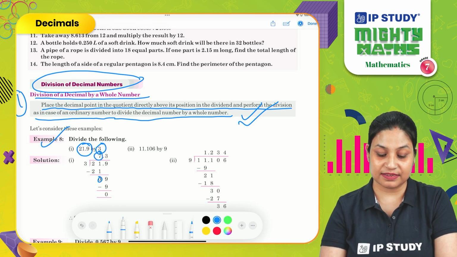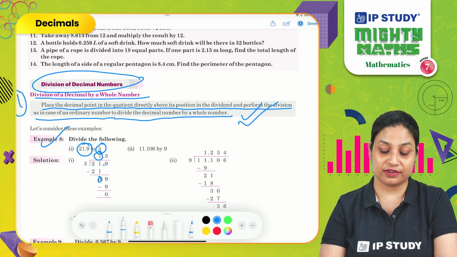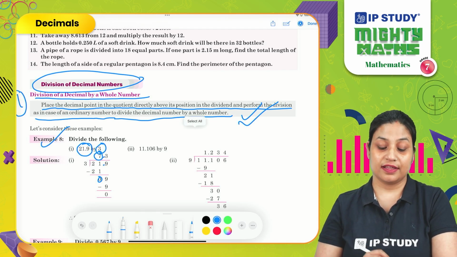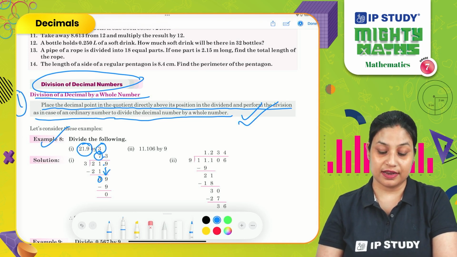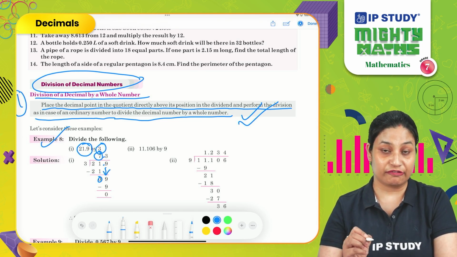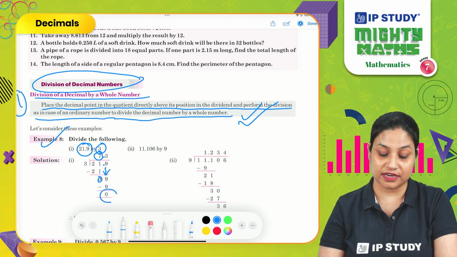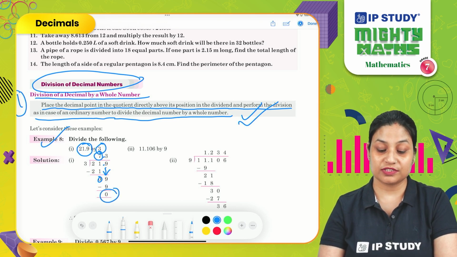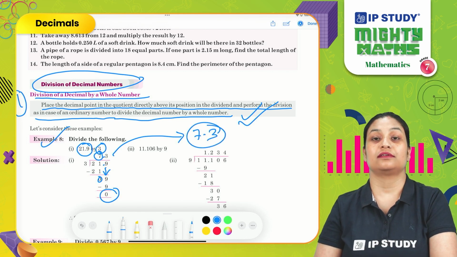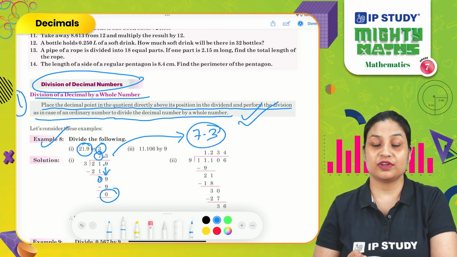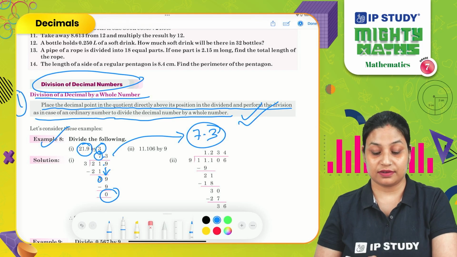Then I have the decimal point, so I will put the decimal point after 7, right? Then I have 9. I will copy down 9 here. Then 9 comes 3 times in the table of 3, so I will write 3 over here. I will get 9 over here. The result is 0. So, what is your result? Your result is 7.3, right? I hope you have understood this example, right?